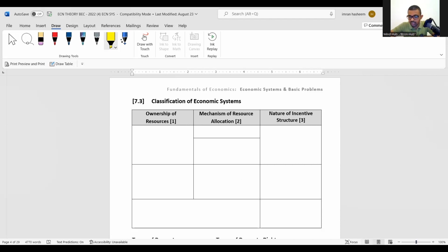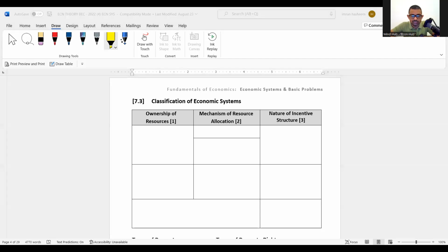Can you see the main headings that are given? The main headings given are basically about the first three institutional features: ownership of resources, mechanism of resource allocation, and the nature of incentive structure.